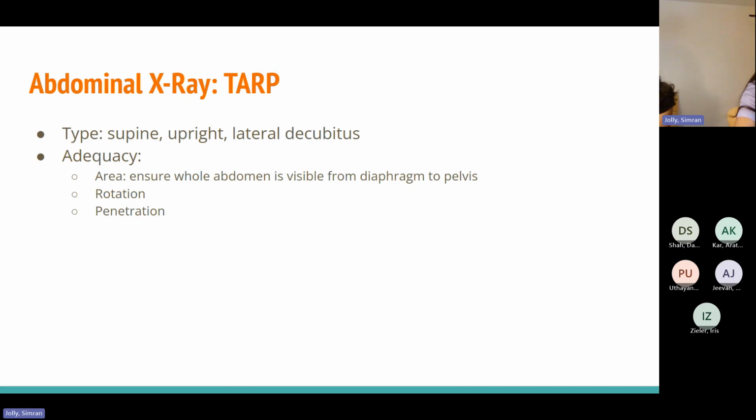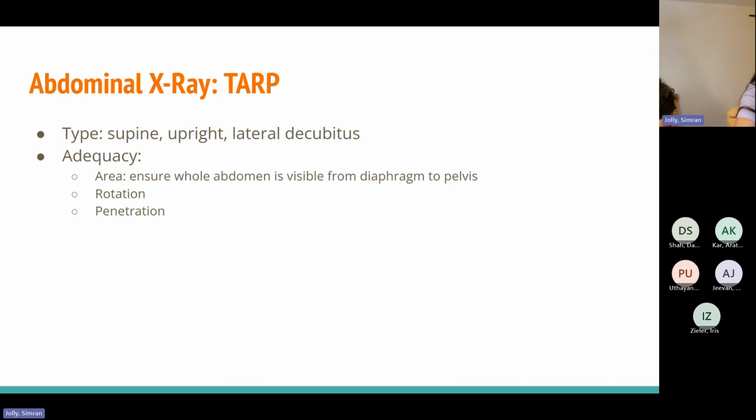The most likely one will be supine, but the others are a bit more rare. And lateral decubitus is just with the patient lying on their side. All abdominal X-rays are usually AP X-rays, so it's important to mention that as well. So that just means that the X-ray is being taken from the front.